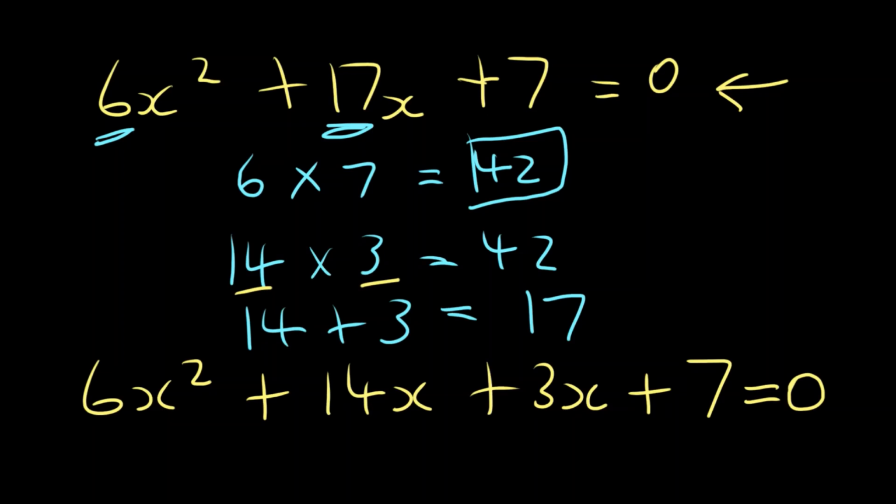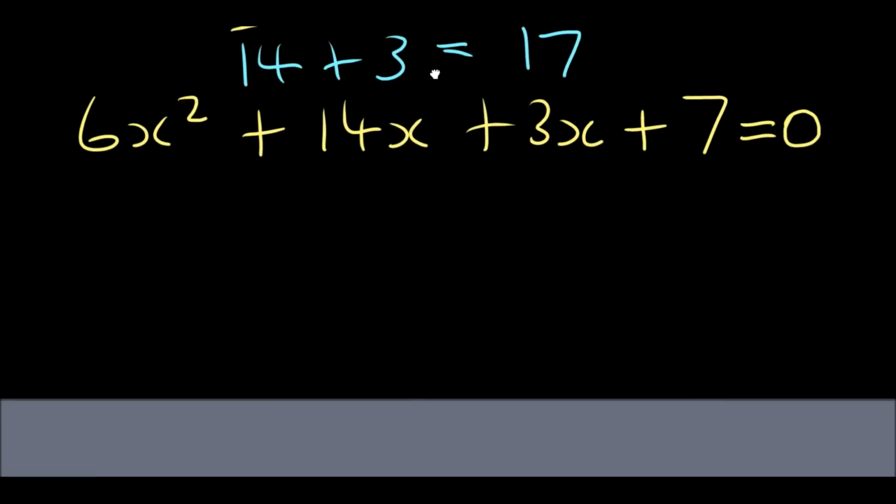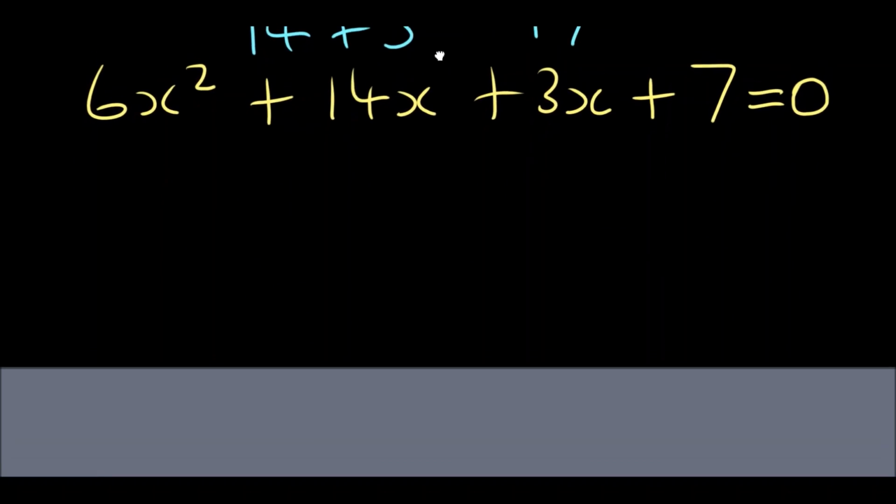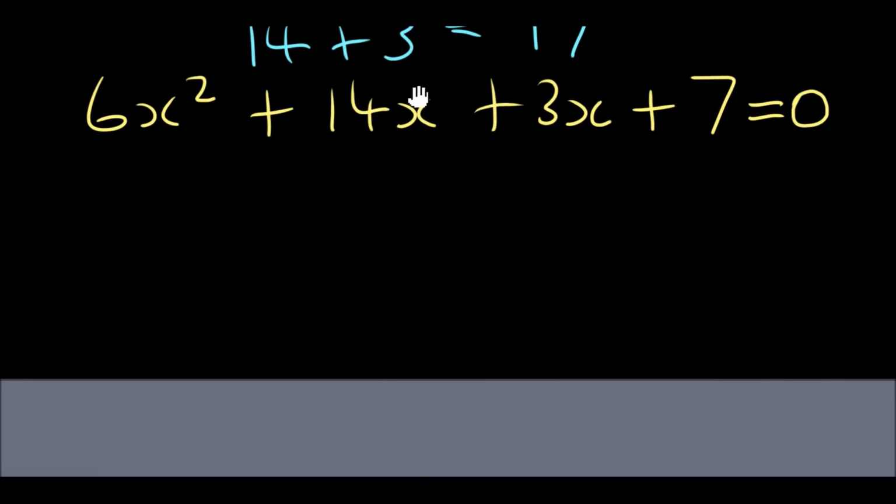Okay. And now we can go ahead and group. Oh, apologies, I got to the end of my blackboard. That's all right. Go ahead and group this one and this one. So 6x squared plus 14x, what's the common factor? 2, is it?